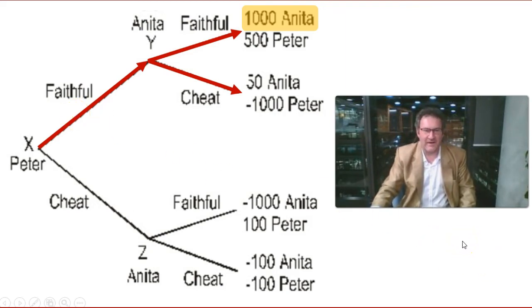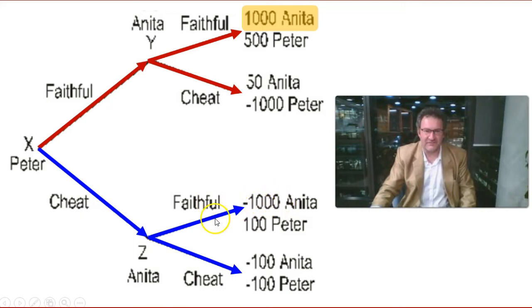What if, on the other hand, Peter cheated? Then what would Anita choose? Well, she can either remain faithful while he's cheating, or she can cheat too. So which should it be? Anita is only concerned about herself, so she looks at the payoffs for her.